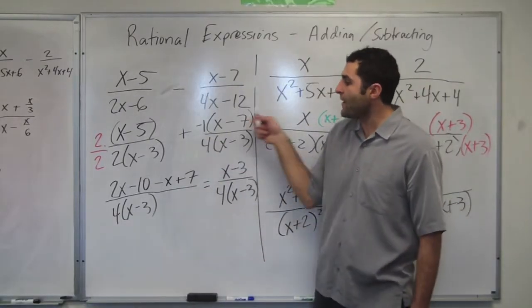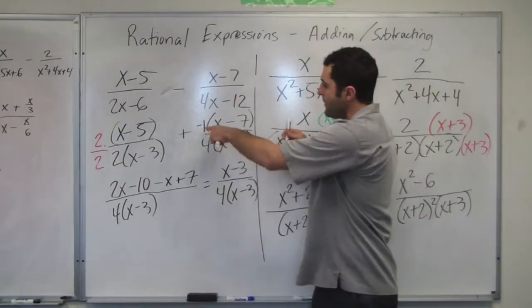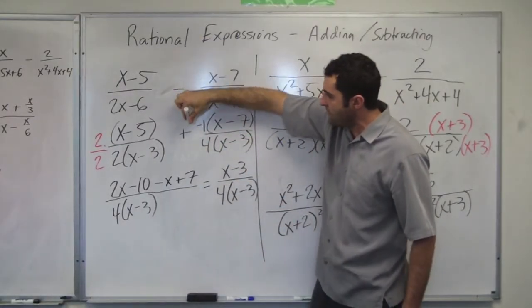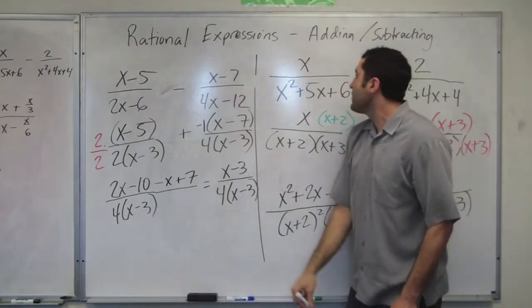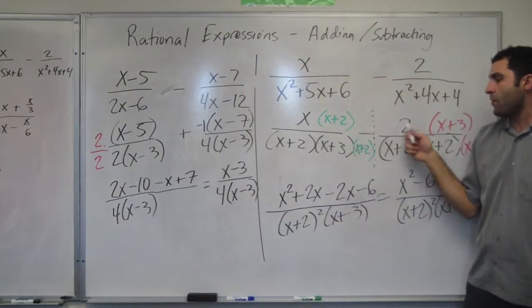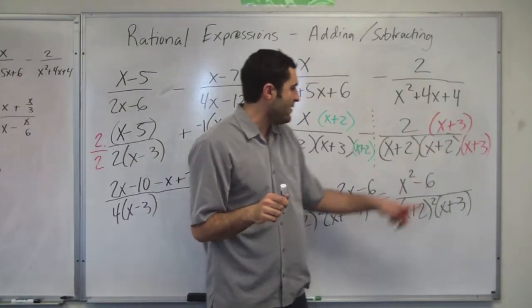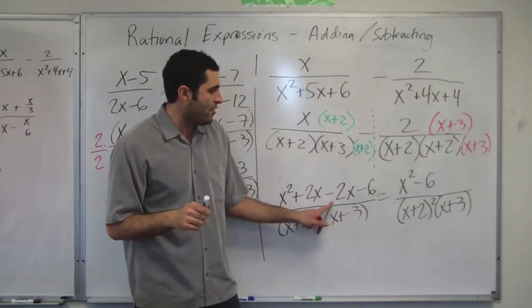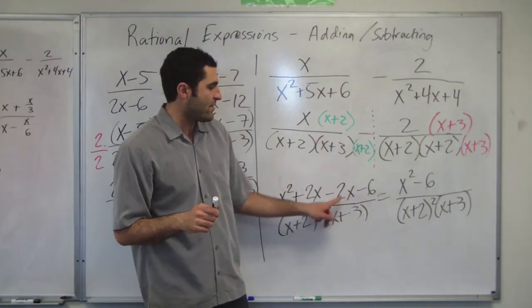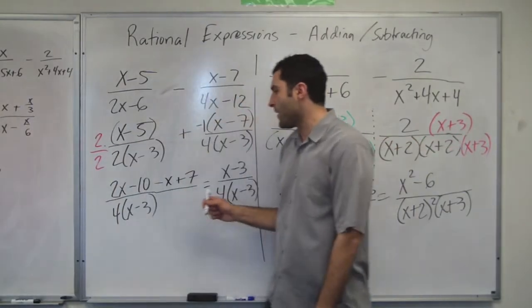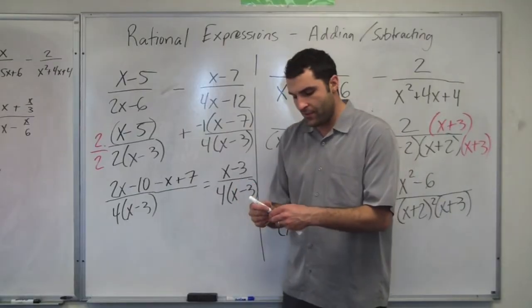So this negative actually distributes through. It's sort of like minus 1 times this whole thing. This negative is like plus negative 1 through the whole thing. Remember this over here? Minus 2 times x minus 3 is really minus 2x plus 6. It goes all the way through. So same thing over here. And now we cancel them.